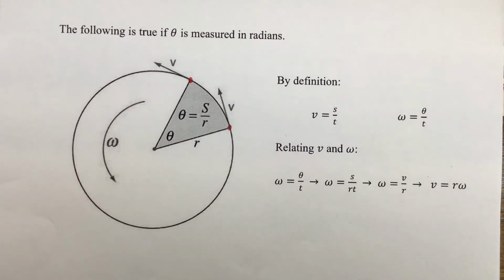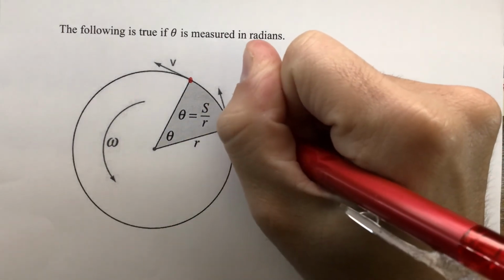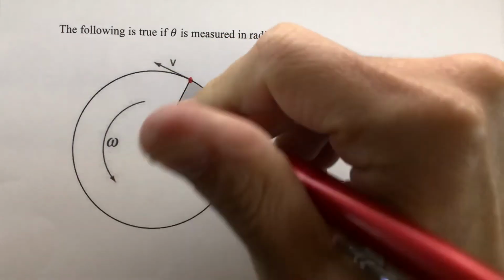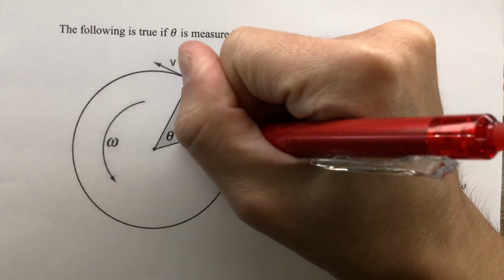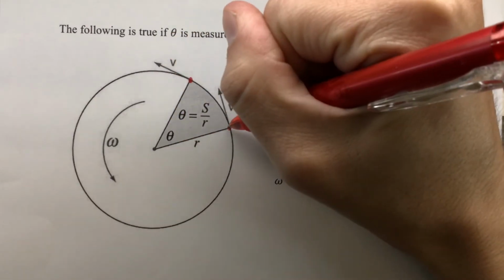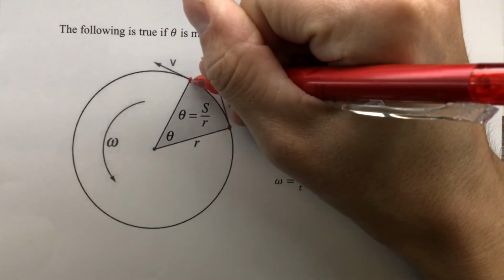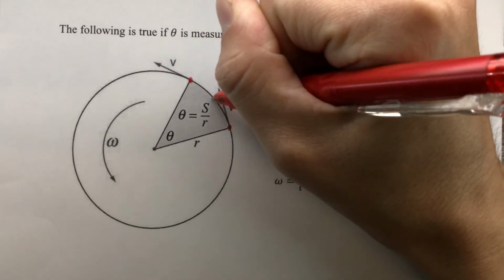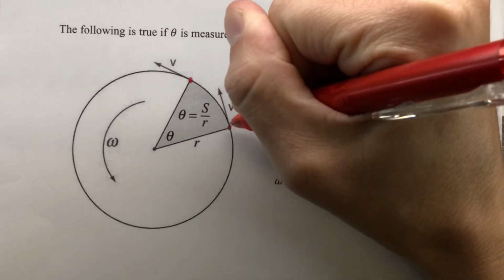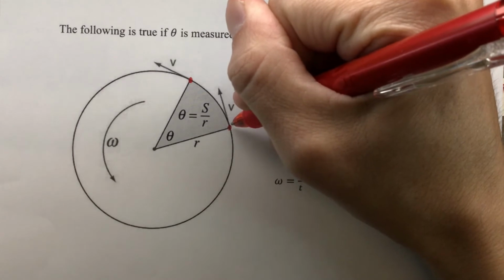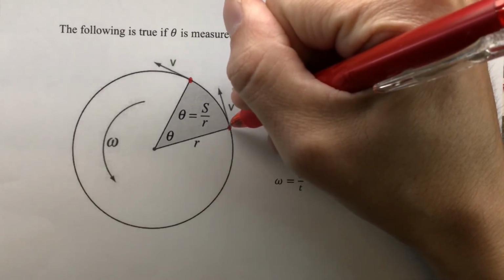The linear velocity is similar to the angular velocity. Imagine that point moving along the curve here. But instead of talking about the amount of rotation that has passed, we're looking at the distance that has traveled along the edge of the circle. We're looking at the arc length that has passed. The units depend on the type of problem you have.